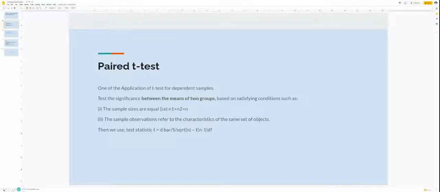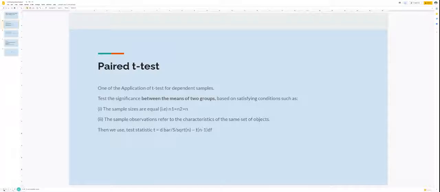It is mainly used to find the significance of the difference between the means of two groups. Sample one is one group, sample two is another group. For this we have certain conditions. First, the sample sizes should be equal. That is, if sample 1 has 30 observations, then sample 2 should also have 30 observations.